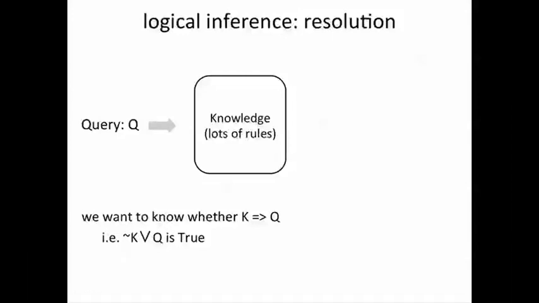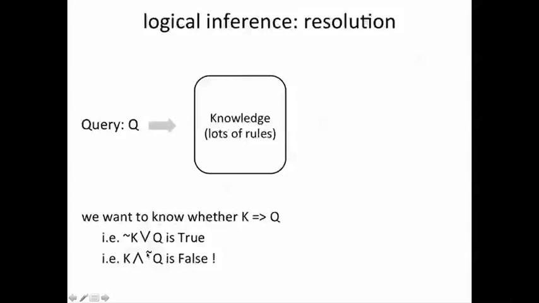The next important step is to see that not K or Q being true is the same thing as K and not Q being false. Try to convince yourself that negating a compound statement which is the OR of two statements is the same thing as taking the AND of the negation of both of these statements.